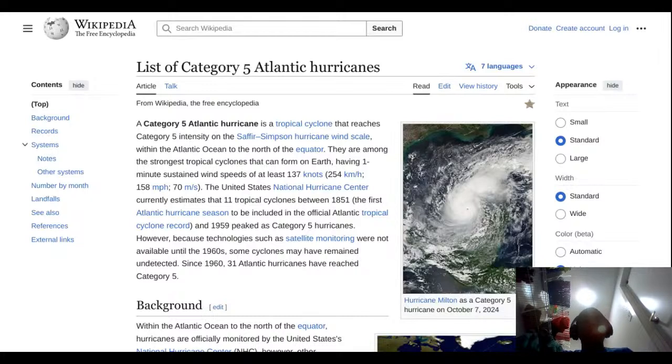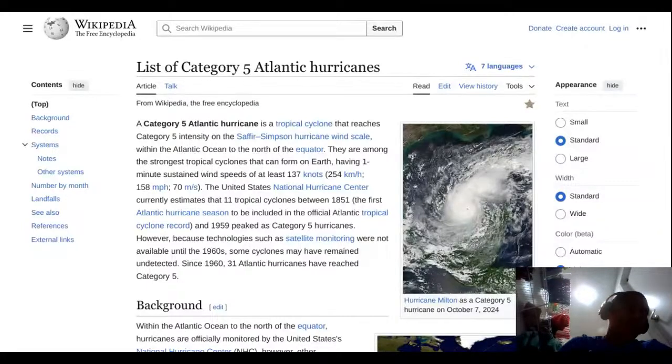However, because technologies such as satellite monitoring were not available until the 1960s, some cyclones may have remained undetected. Since 1960, 31 Atlantic hurricanes have reached Category 5 strength. And this is a picture of Hurricane Milton that made landfall on October 7, 2024, right after Hurricane Helene just hit Florida as a Category 4.